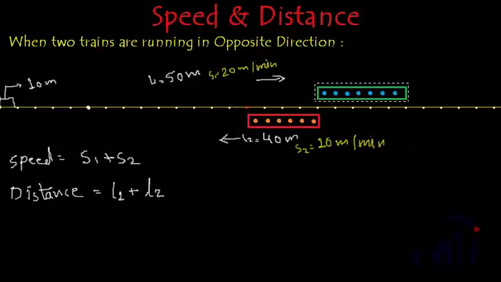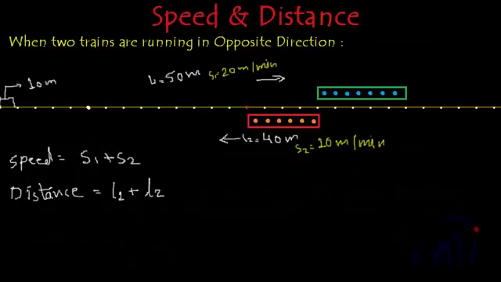Again, it is covering a distance from here till here, and this much is equal to the length of the red train, and this much is equal to the length of the green train. So what is the total distance covered? In this case also, the total distance covered is the sum of the lengths of both the trains. Right? And that is why we add the lengths of the trains when they are running in opposite direction.